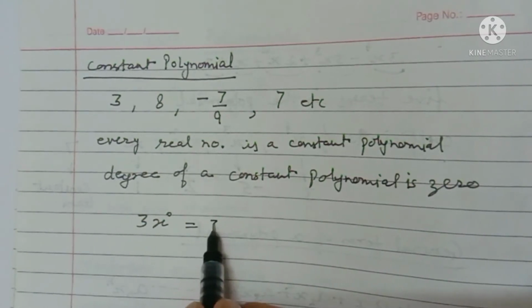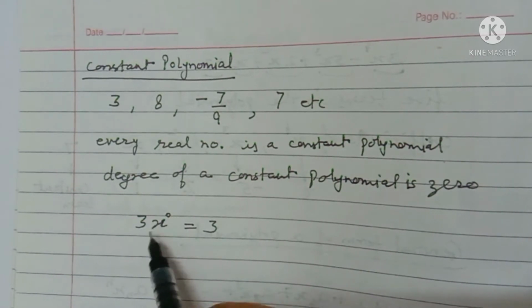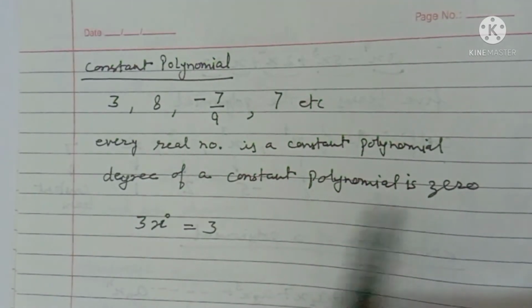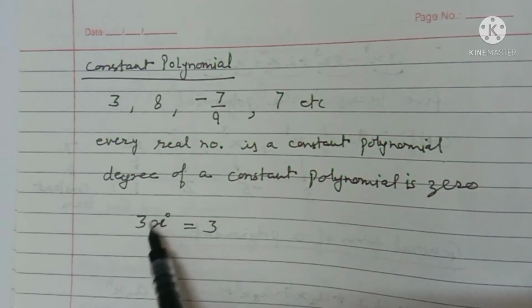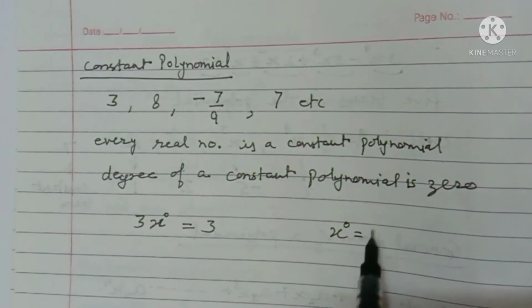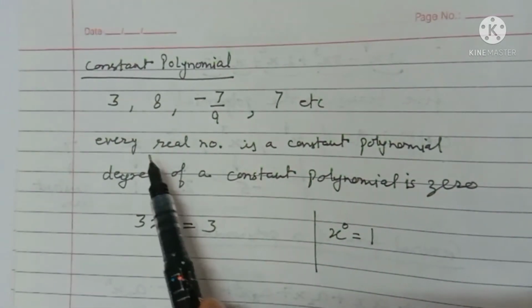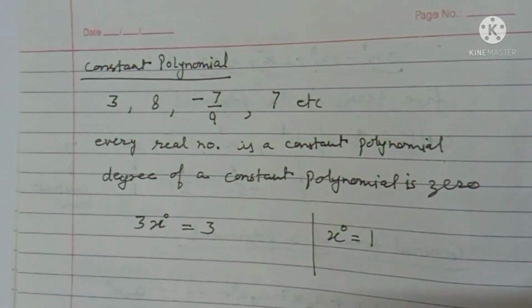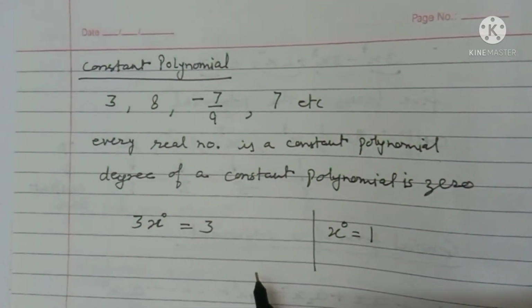So this is equal to 3, and this shows that the degree of x is 0. Here the power of x is 0 and x to the power of 0 is equal to 1. So this becomes 3. So we can say the degree of a constant polynomial is 0. Now next is zero polynomial.